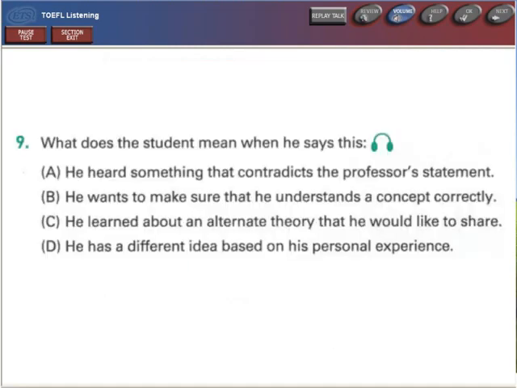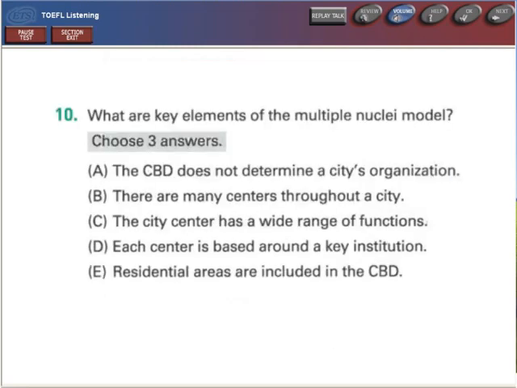What does the student mean when he says this? 10. What are key elements of the multiple nuclei model?